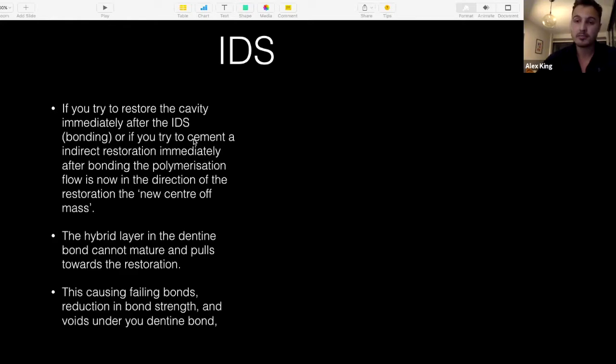The polymerization flow in the resin layers of flowable, in the composite will move away from the hybrid layer towards the main bulk of the restoration, and you lose your hybrid layer bond strength. And I think it's something, I'll probably put it down somewhere, you lose 80% of your bond strength if you bond to your IDS above 1.5 millimeters of your IDS layer within your first 5 minutes.